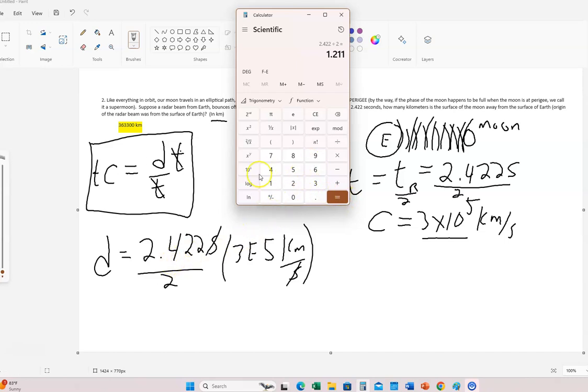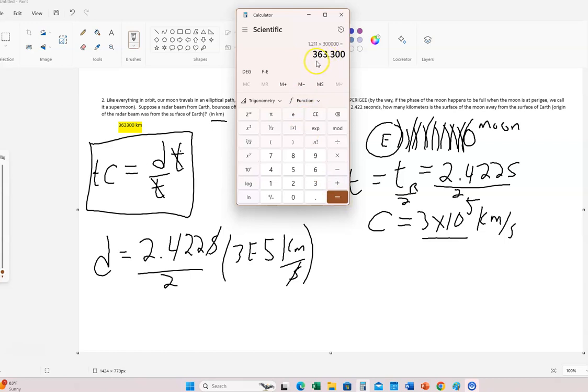Then we multiply that time by the speed of light, so times 3. Remember, with scientific notation, you don't ever hit times 10. You use either this EXP button, or if you have a Texas Instruments, it's the EE button. So EXP 5. And there's our answer.